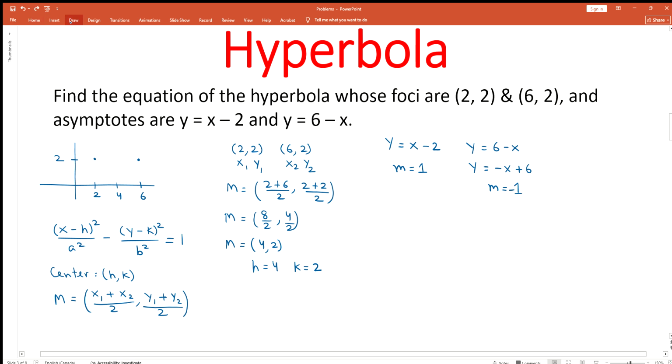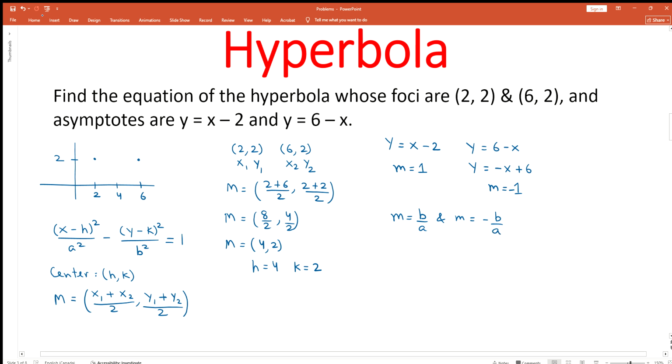For a hyperbola whose curves or branches are side by side, the slopes of the asymptotes are m equals b over a and m equals negative b over a.